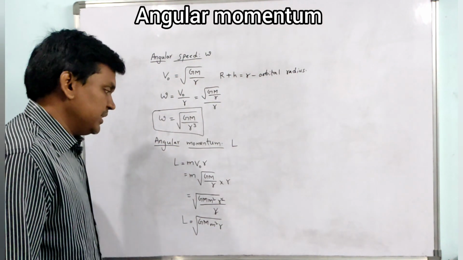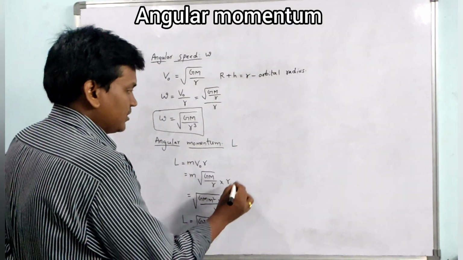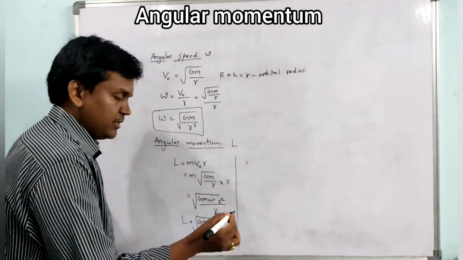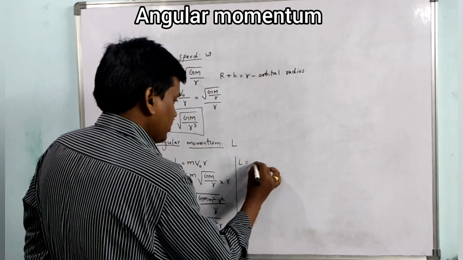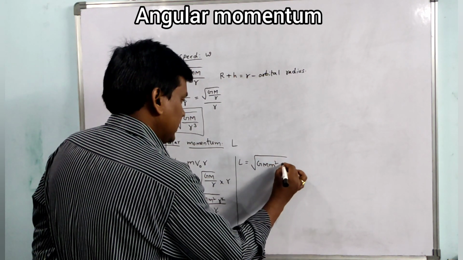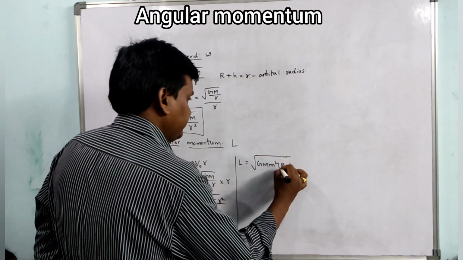Or we can do one more thing. This r, small r, can be written as capital R plus h, no? So L equal to root over GM m squared into (R plus h).